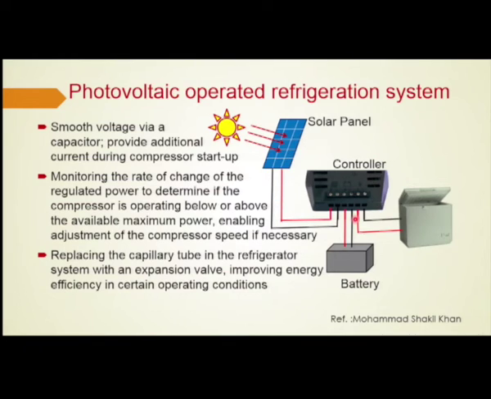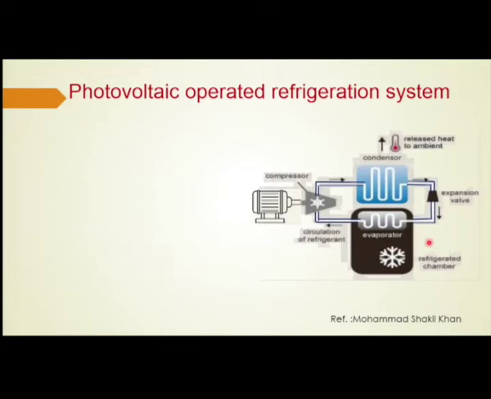So, these are the functions of the controller, and the basic block includes a solar panel, controller, battery and a refrigerator. Inside the refrigerator, we will be having a number of units to function as the refrigerative unit.